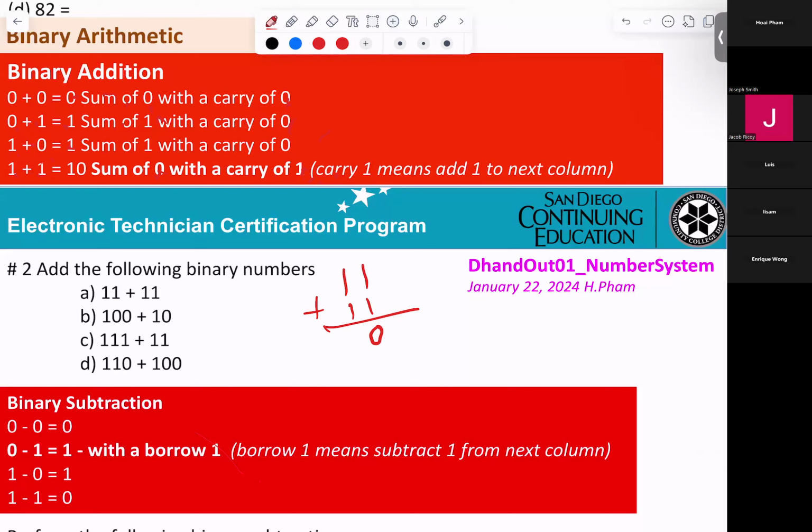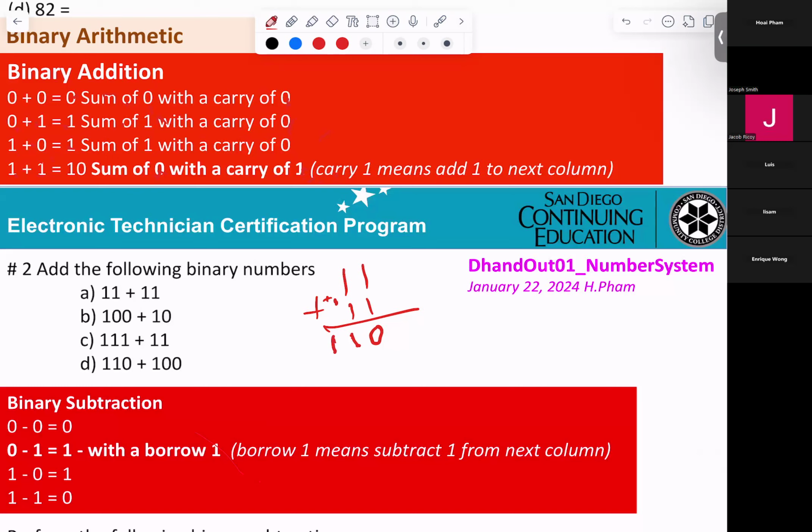However, carry 1. Carry 1 means you take that 1, adding to 1. 1 adding to 1, 0. 0 adding to 1 is 1. Carry 1. And now you get carry 1 here.